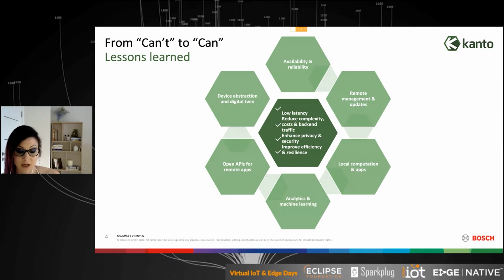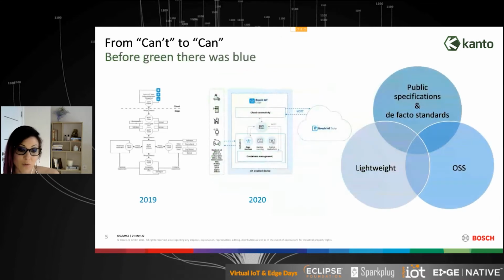So having learned all of that, we started asking ourselves, okay, what can we do? Because the solution that we already have, and we still have actually, is a great solution, but we need to somehow build the infrastructure around it to ensure all of the key points that we already mentioned.